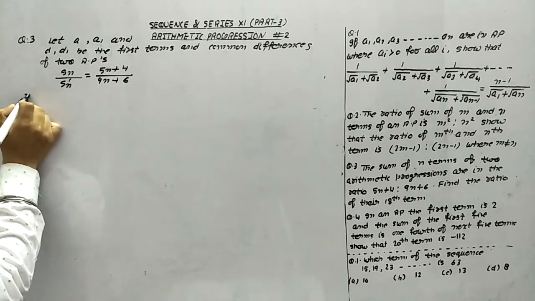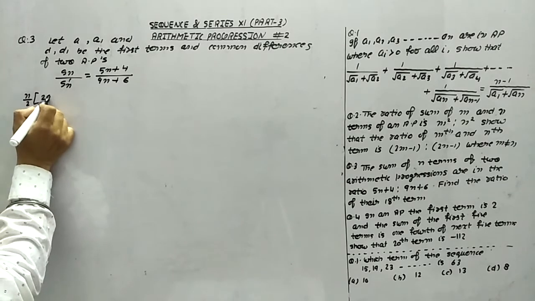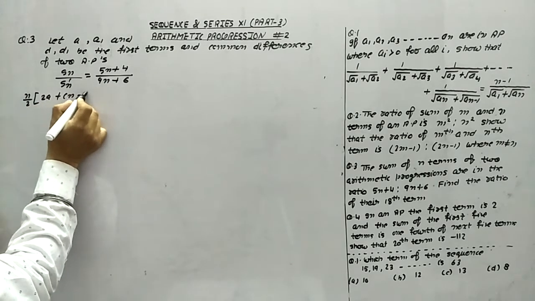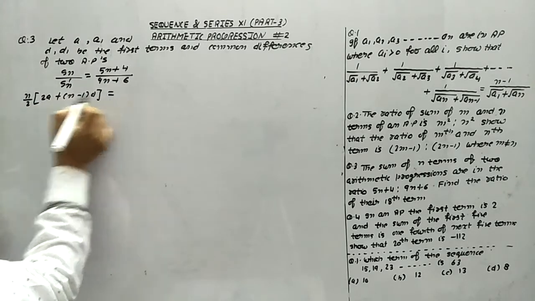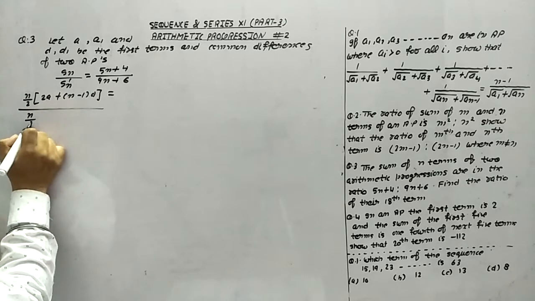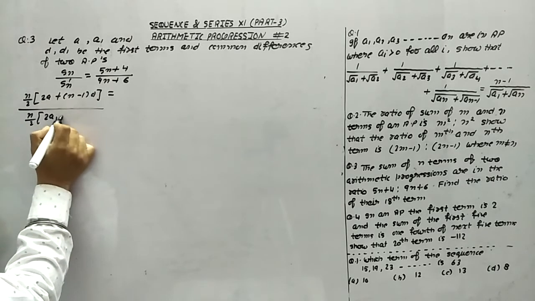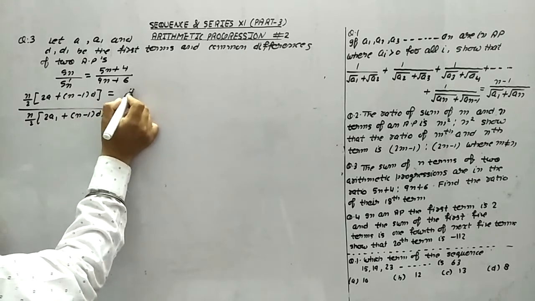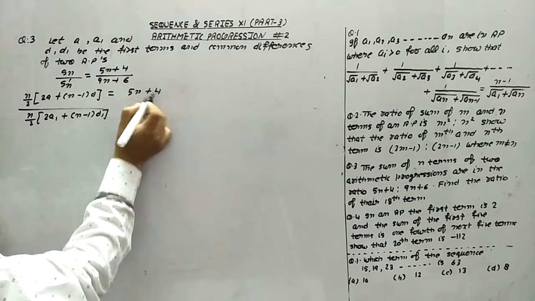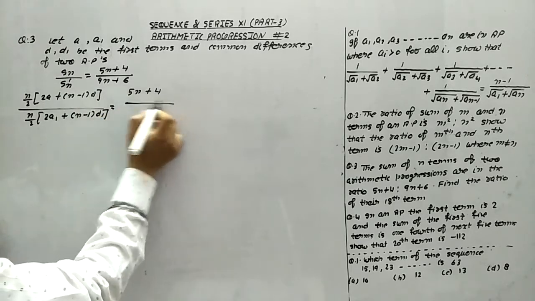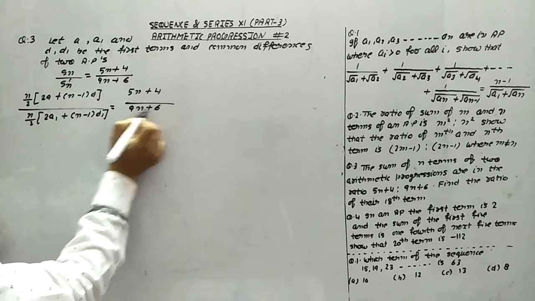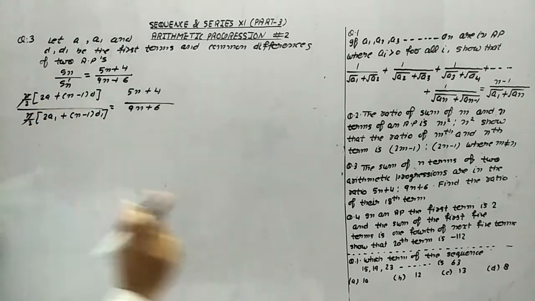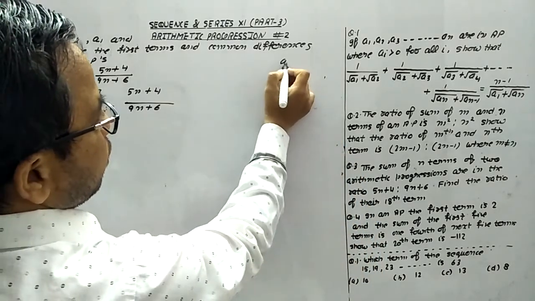Now what is the meaning of this? n by 2 into 2a plus n minus 1 into d, upon n by 2 into 2a1 plus n minus 1 into d1, is equal to 5n plus 4 upon 9n plus 6. Now this cancels out. Suppose we have to find the 18th term.